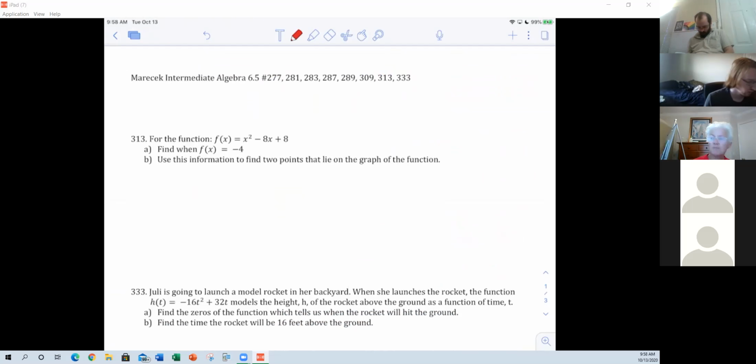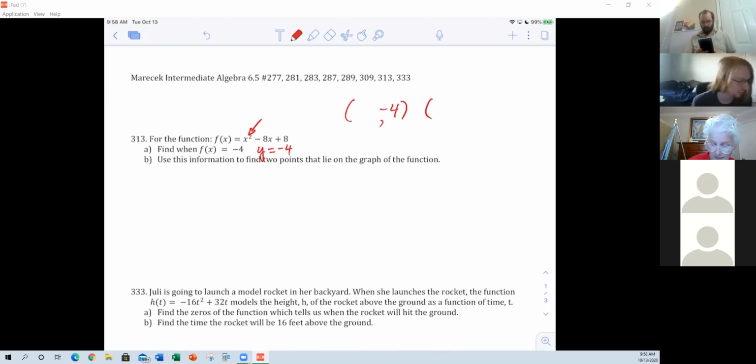And how many times might that happen if it's a square? How many times could we get -4 as the y value? Because anytime they say f(x) equals -4, that's like saying the y value is -4. How many times? Should be twice, sorry. Yes, twice.